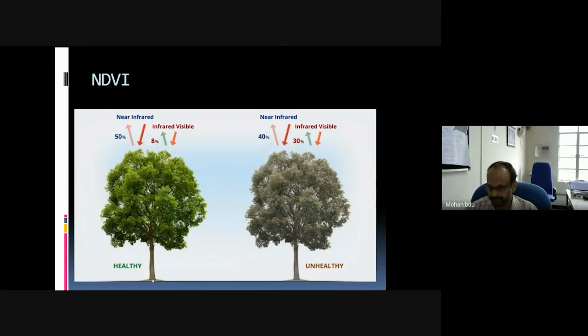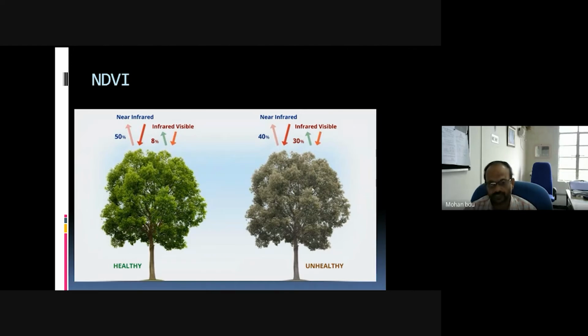So this is how the NDVI data is generated. You can see the reflections from the healthy vegetation: near infrared 50%, whereas in the case of unhealthy vegetation, if there is a pest or a drought situation where the vegetation is getting degraded, you can see the reflection is very less in the near infrared spectrum and also in the visible spectrum.